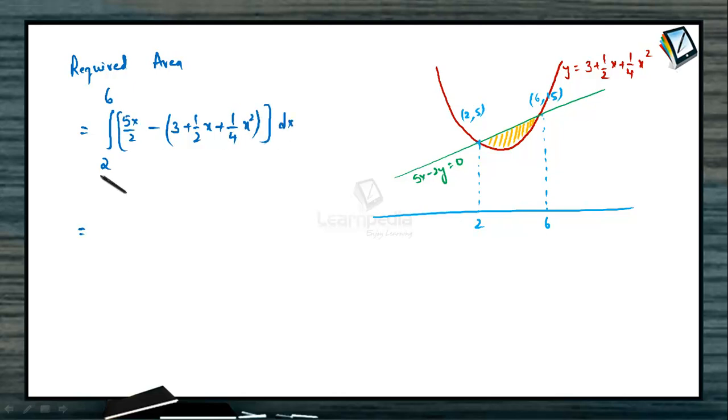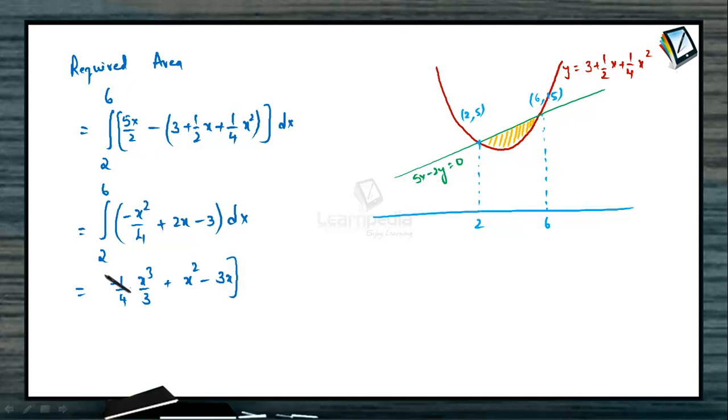So it's easy to calculate the integral once we identify how the curve and the line are placed, right? So this is integral 2 to 6 of minus x square by 4 plus 2x minus 3 dx. It's a directly integrable function. So what would be the integral? Minus 1 by 4 times x cube by 3 plus x square minus 3x, evaluated between 2 to 6, which would be simply 8 by 3 square units.